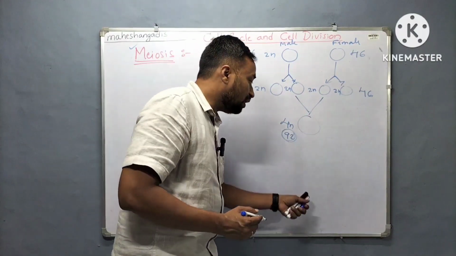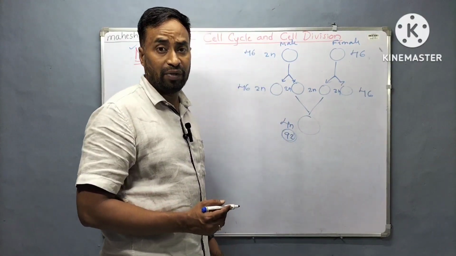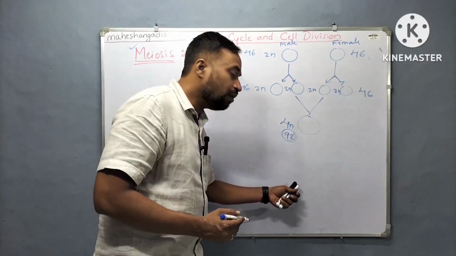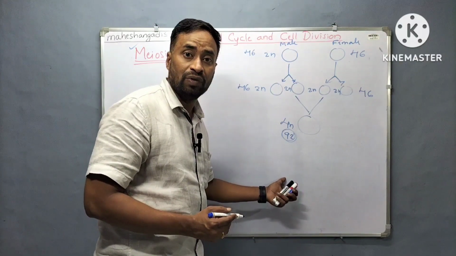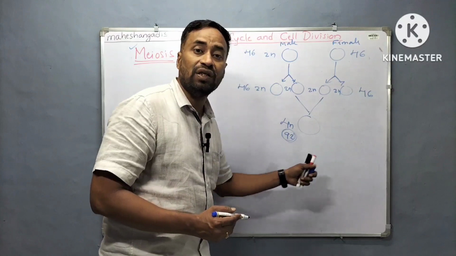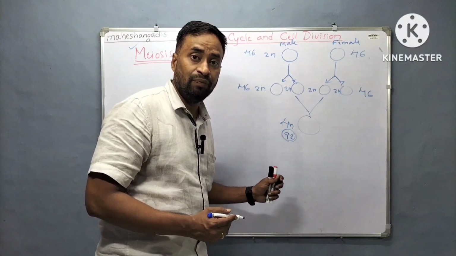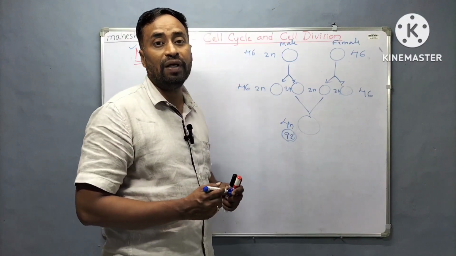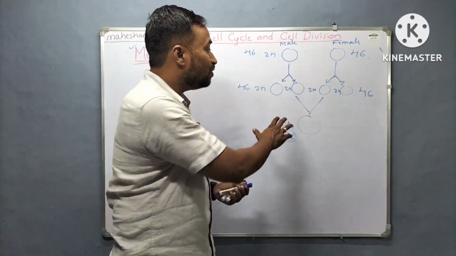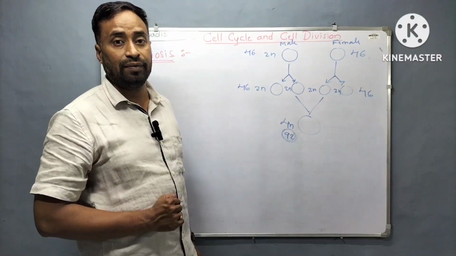If this progeny again produces gametes by the same mitosis, each gamete is going to have 92 chromosomes, and fusion of two such gametes with 92 chromosomes each will give 184 chromosomes. This will create complications.